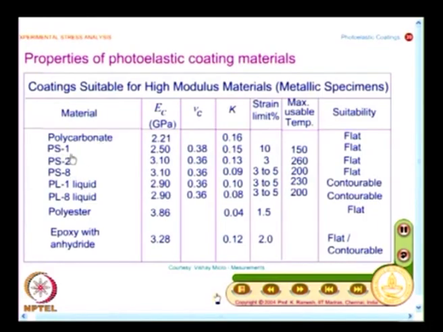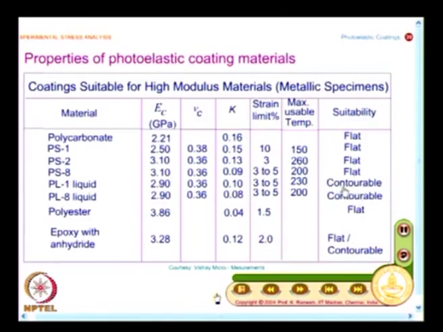This is also commercially available from Vishay Micro Measurements, and what you need to look at is K is around 0.16, 0.1 is what you see by and large for most of the materials, and strain limit is it can go up to 10% of strain, and because these are all plastics you can't go beyond a maximum of 260 degrees centigrade, and you also have whether they can be available in flat sheet or contourable form.